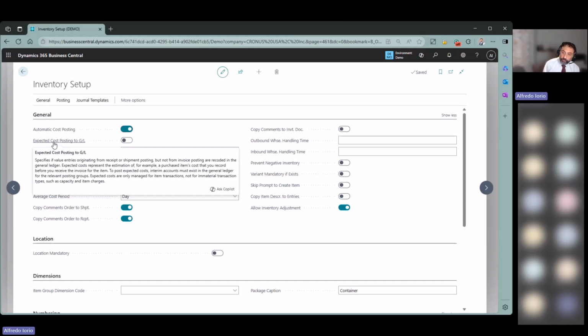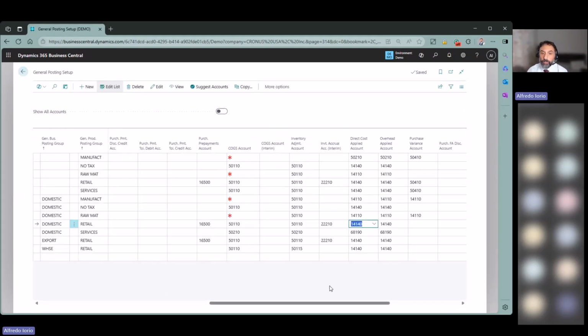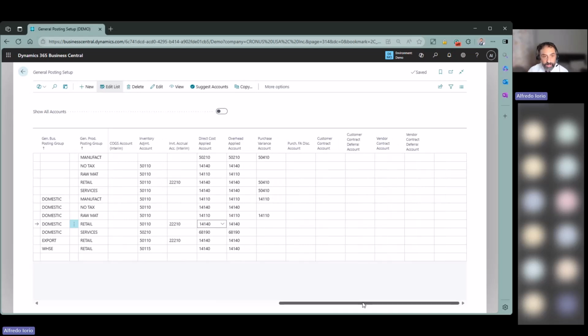Expected cost post into the GL is best described as goods received not invoiced on purchases and goods shipped not invoiced on sales. All part of the general posting setup. Again, more on inventory in another training.